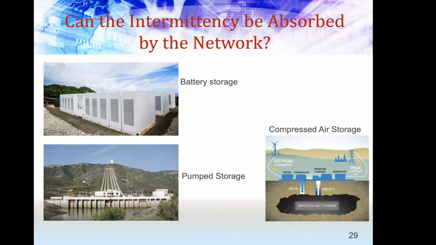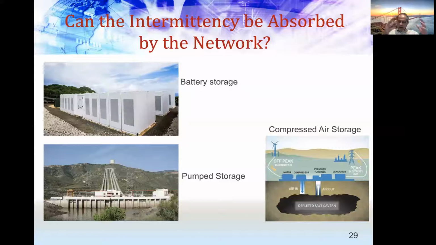The pumped storage hydro plant, what is pumped storage hydro? During off-peak hours, you pump water from the lower reservoir to a hilltop and hold it there. Then during peak hour of the day, you let the water come down from the upper reservoir to the dam and turn the generator in the process.